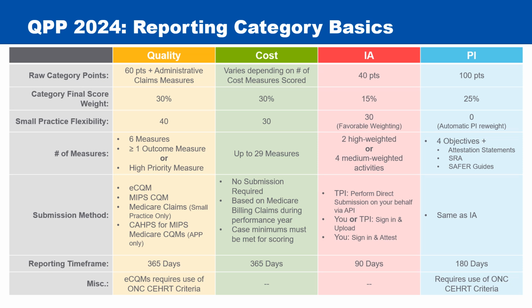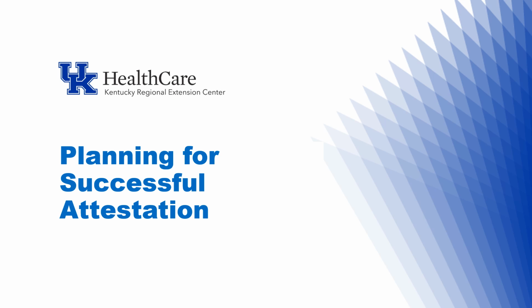You also have some attestation statements that are a part of the program that are sort of a hard stop. You also have to attest to having completed an SRA, as well as completing the high priority guide of the SAFER guides. And the promoting interoperability category also requires the use of ONC CEHRT criteria.